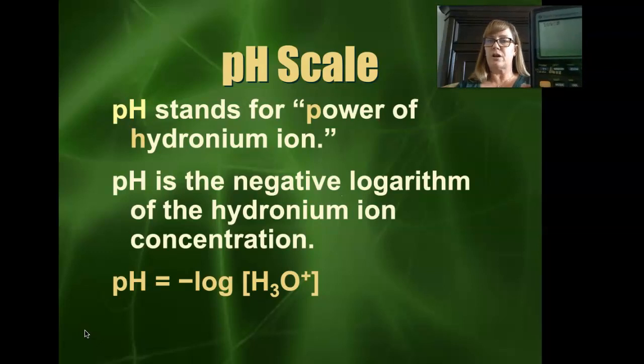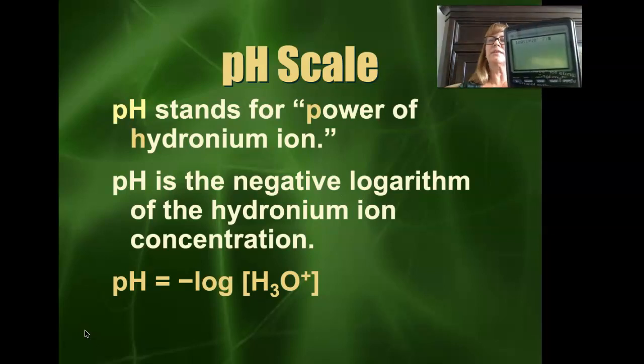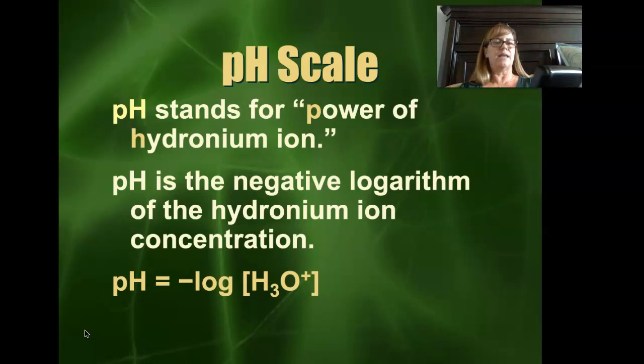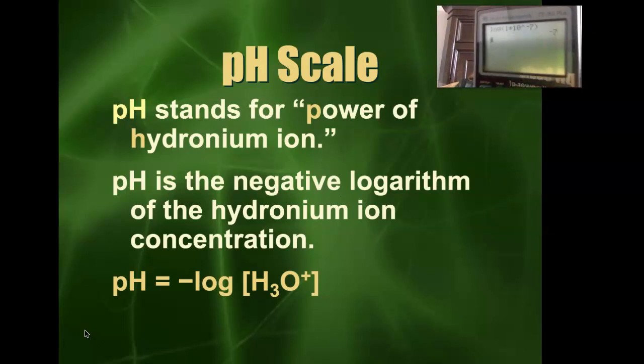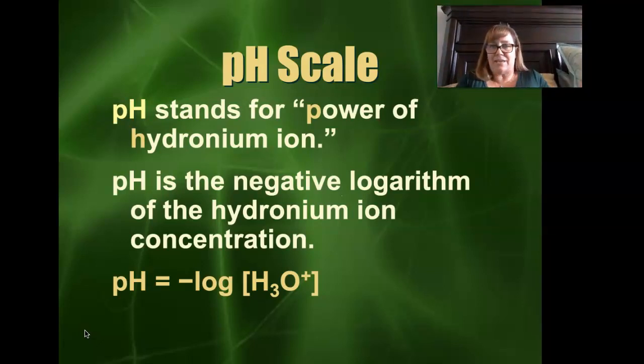And then you'll put in your concentration. So say my concentration is 1 times 10 to the negative 7th. You want to close your parentheses so that your screen looks like that. And then you hit enter. You'll always get a negative number if you do that. Well, if you just take the negative of that negative number, you're taking the negative log of your concentration.